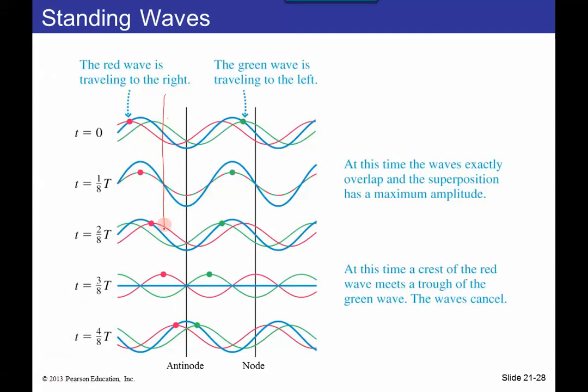At these points, the blue line has the same position. It never moves. Well, if I had drawn this straight, this point here and this point here and this point here, those are the nodes. And your antinodes are this one here. So you can see that it's always the same.